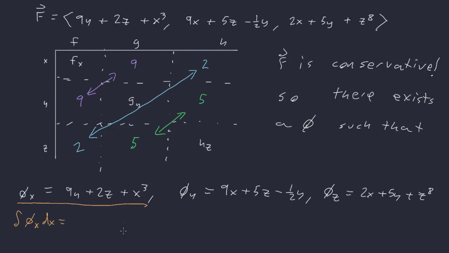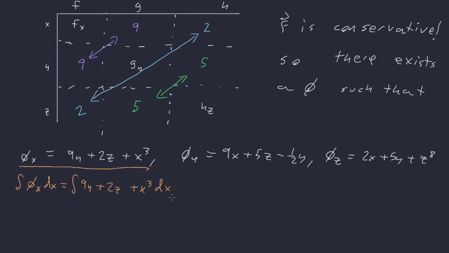So the integral of phi sub x dx is equal to the integral of 9y plus 2z plus x cubed dx. I understand if you don't want to write this step every single time, because eventually we get to phi is equal to. Right now we are integrating with respect to x, and remember in this case y and z are constants.